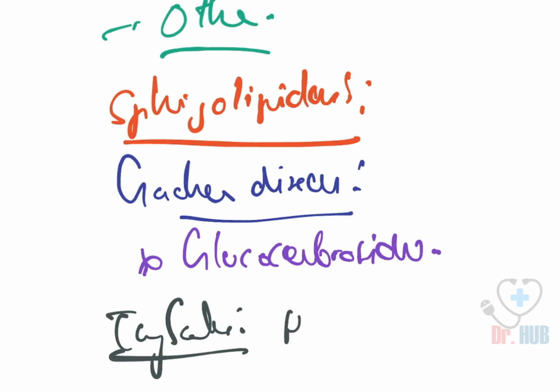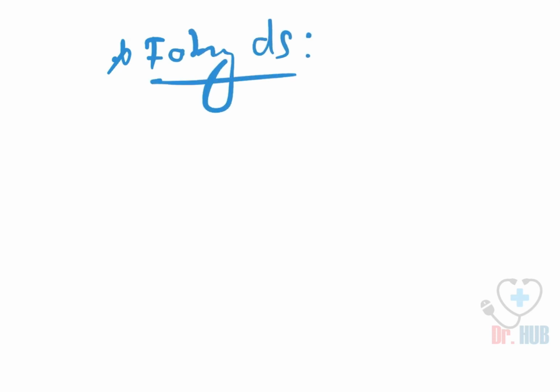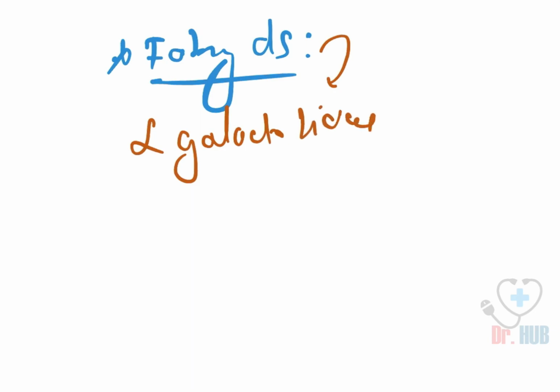In Tay-Sachs disease, the enzyme defect is hexosaminidase A. Then we move on to Fabry's disease. Fabry's disease involves alpha galactosidase A.